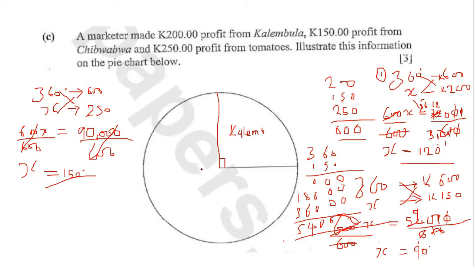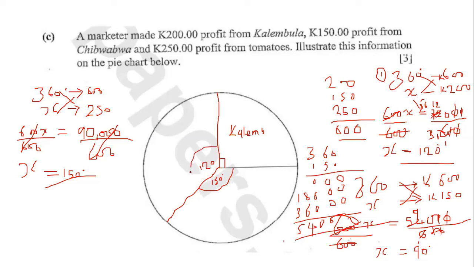Then you go to the other one, which is 120. So what you do is you have one here, which is 150 degrees. So you indicate them. So this one is 150 degrees. Then the other one is 120, like that.